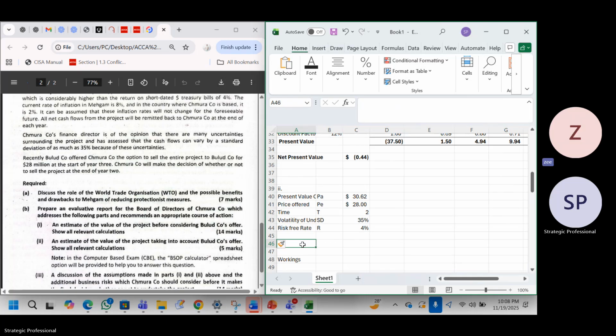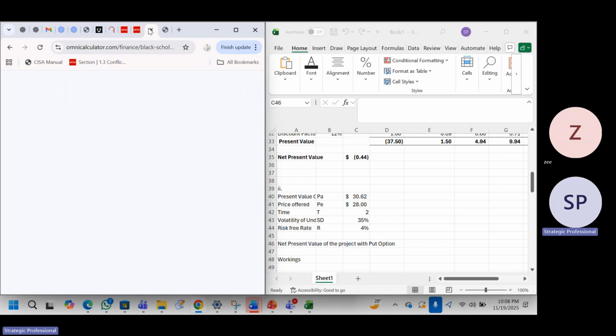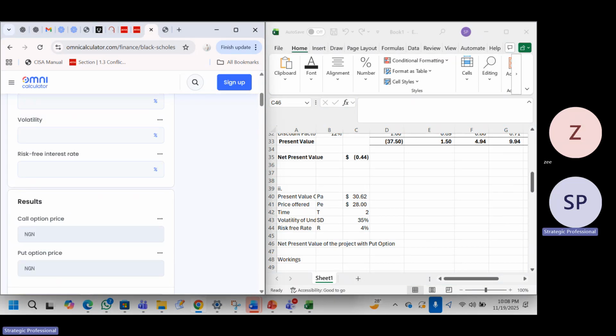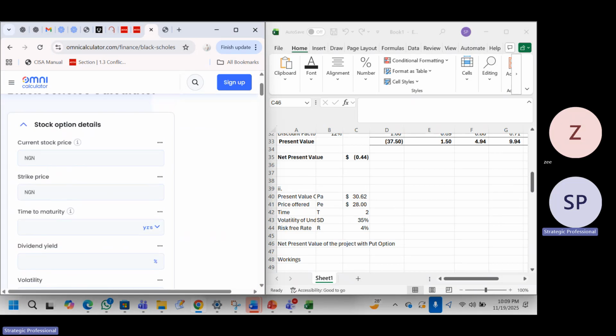That should be put. Abandonment is a put. So net present value of the project with put option. All right. So I come here. I go to my BSOP calculator, like I told you earlier, which is on my screen here.